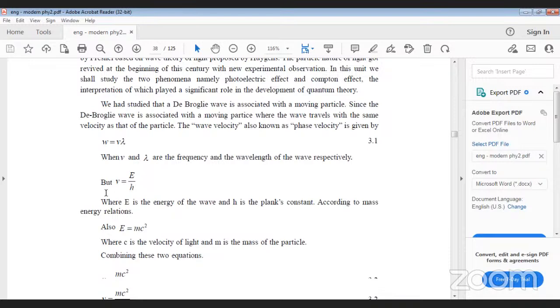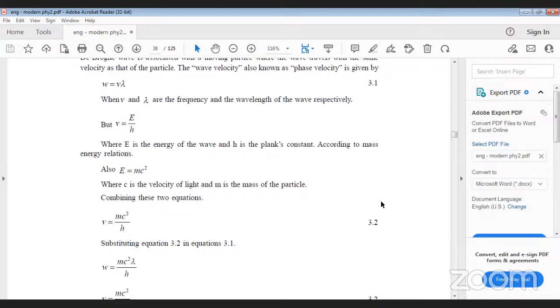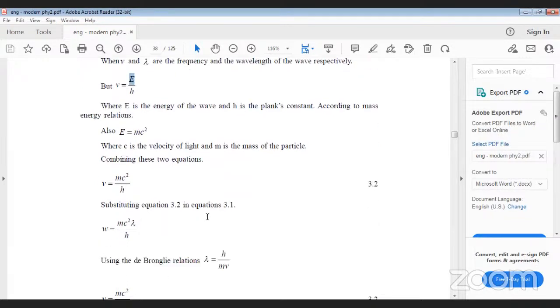According to the Max Planck equation, for the energy of the photon, nu equals E by h, or E equals h nu, where E is the energy and h is Planck's constant. From Einstein's mass energy relation, E equals mc square, where c is the speed of light and m is the mass of the particle. So in place of nu, this E value is substituted, giving nu equals mc square by h, and in w equals nu lambda, in place of nu, mc square by h is substituted.